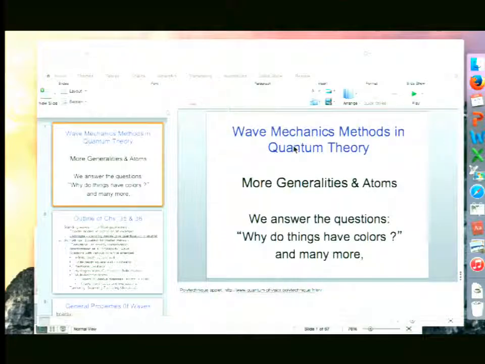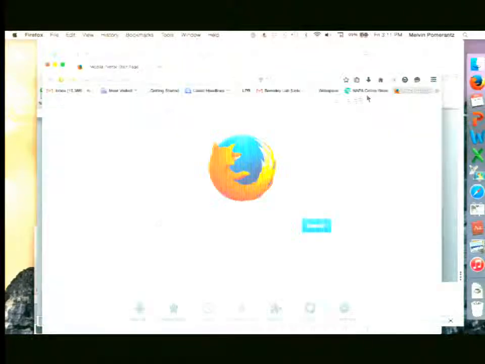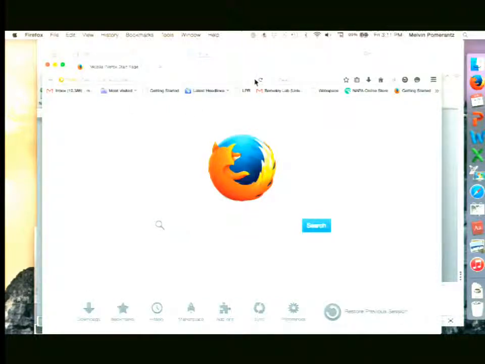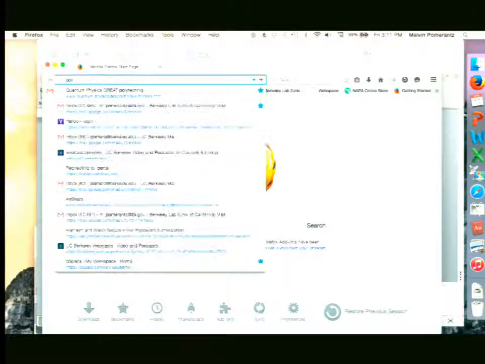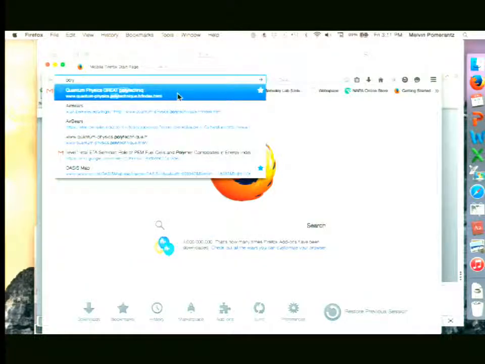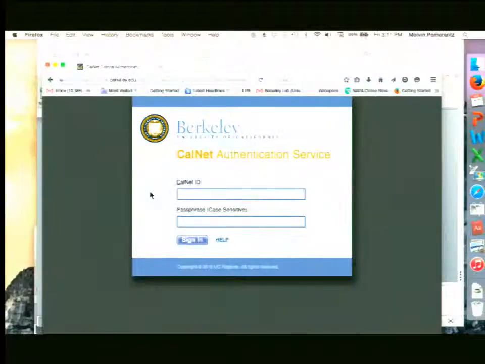move on to more study of the... I wanted to do the study of wave mechanics in some detail.